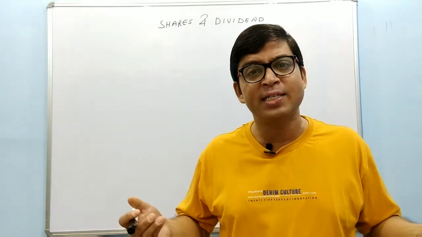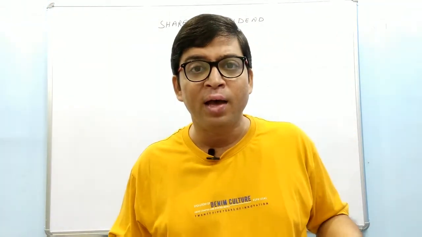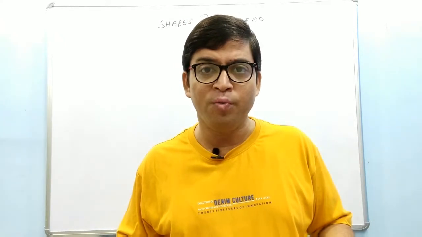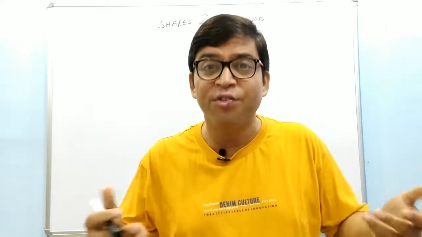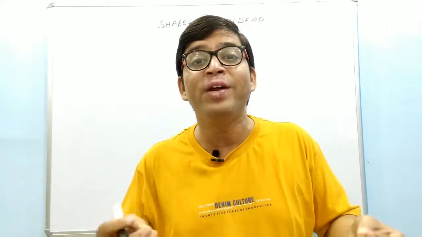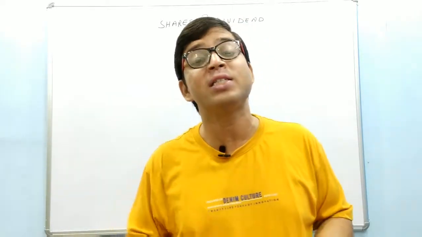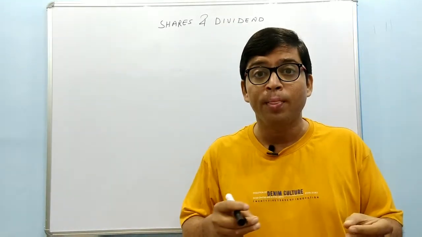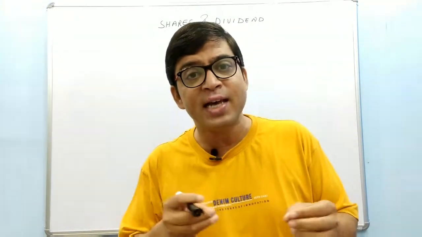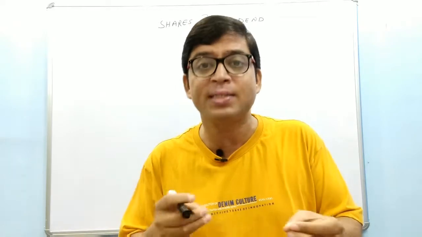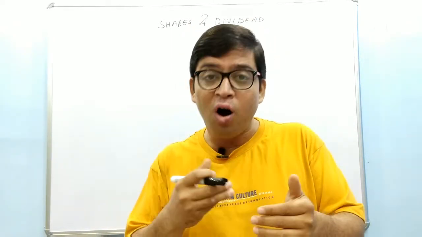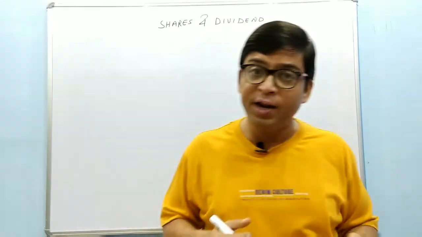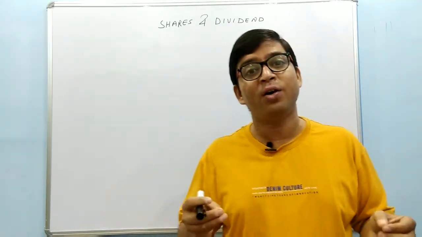Suppose my share is not performing well and somebody is approaching you, saying I want shares. You want to get rid of these shares, so you will sell them at some discount. If a share is available at 10% discount, the market value of the share will be 100 minus 10% of 100.